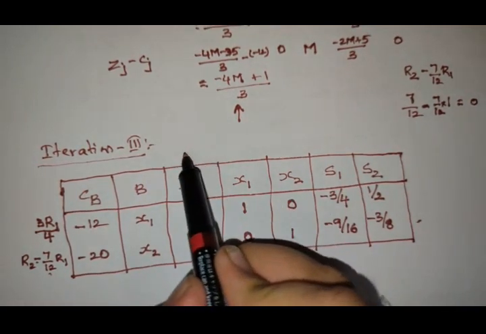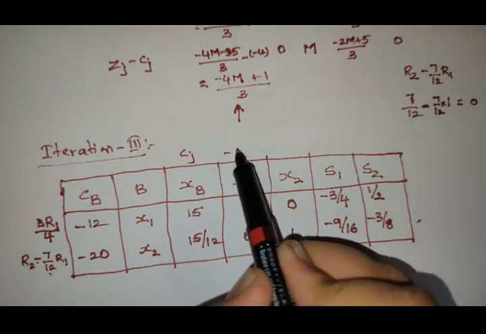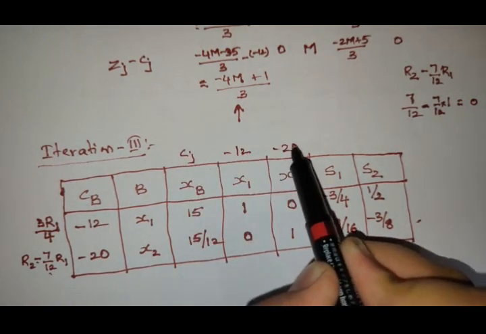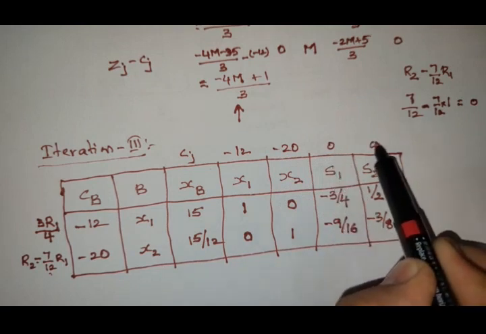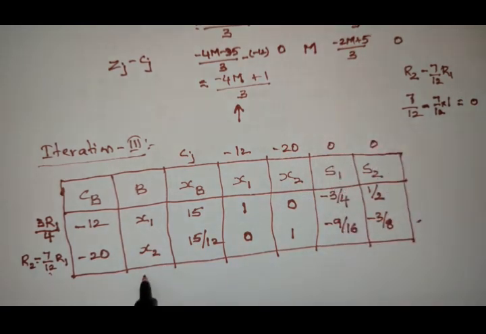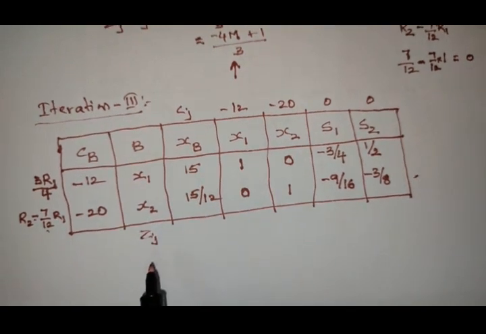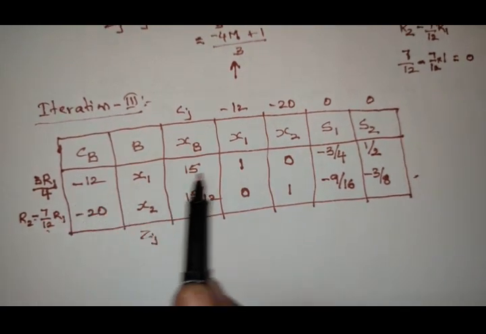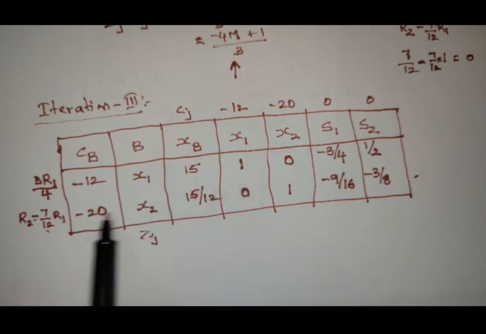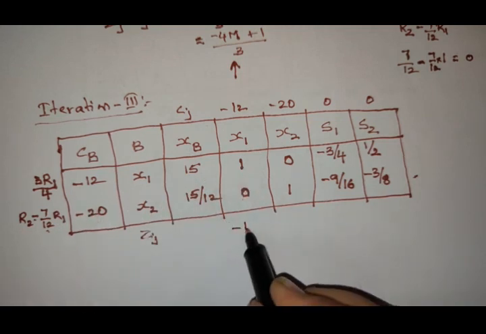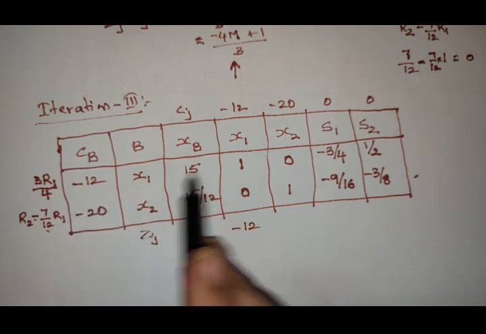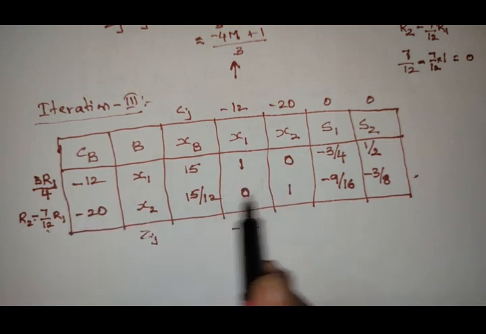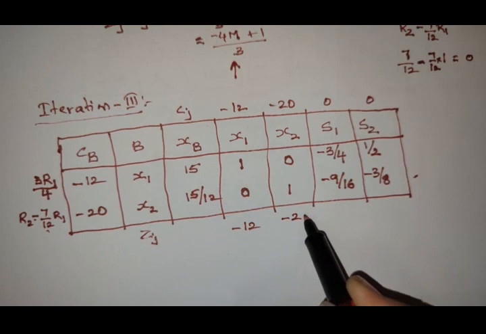What are the Cj values? As usual we know: minus 12, minus 20, 0, 0. Then what is Zj? Zj is equal to minus 12 into 1 plus minus 20 into 0, minus 12. Next, minus 12 into 0 plus minus 20 into 1, minus 20.